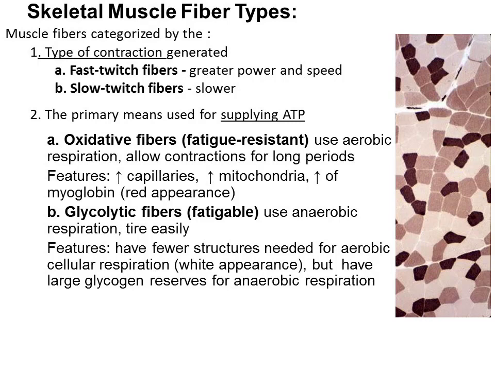So contraction rate is one means by which we categorize our skeletal fibers. Another means by which we can categorize these is based on how they supply sufficient ATP. So in one sense, we have oxidative fibers.